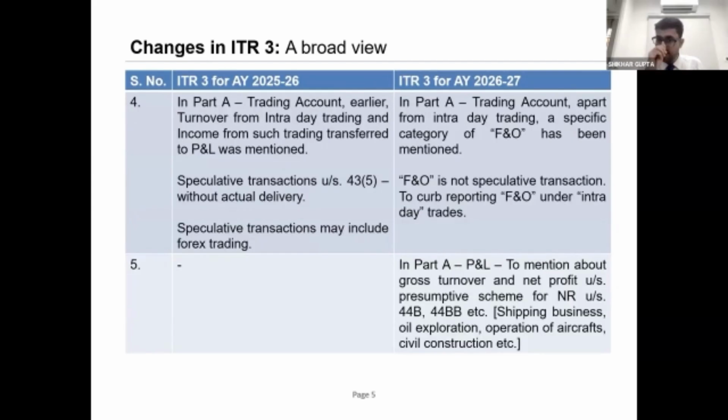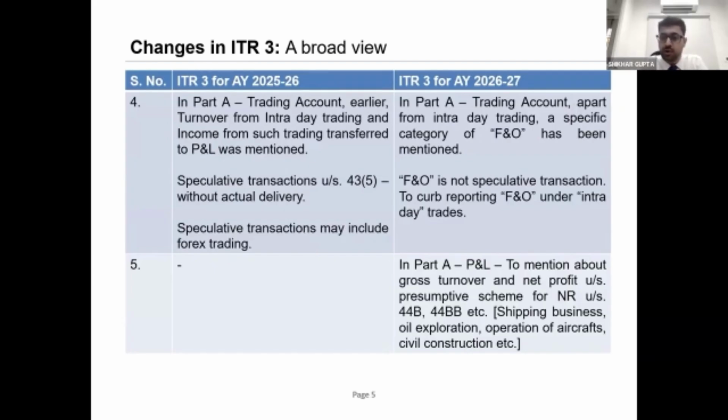The fifth important change which we are looking at is in the case of NRs. Now, we all know that there's a presumptive scheme for NRs having shipping business, oil exploration, operation of aircraft, civil construction and turnkey projects, the 44BB sections. Their income was specifically written in the ITR, in the 25-26 ITR as well, as deemed income. But in ITR 3 it has been specified that turnover from this particular business is also reported.